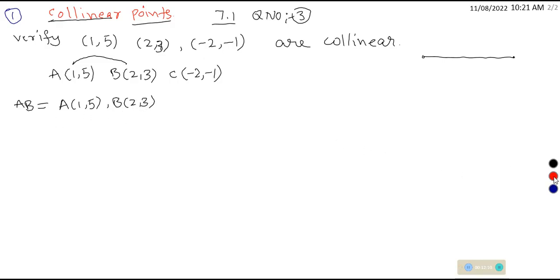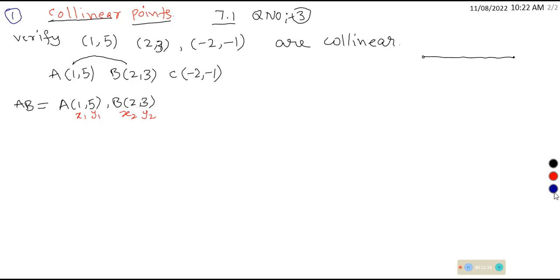So take it as x1, y1, x2, y2. For AB, x1 is 1, y1 is 5, x2 is 2 and y2 is 3.